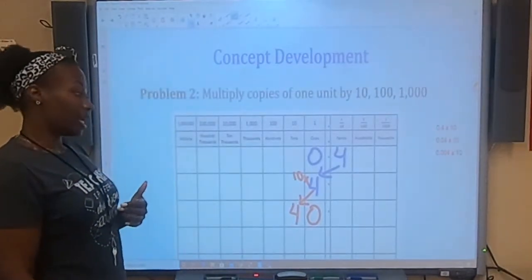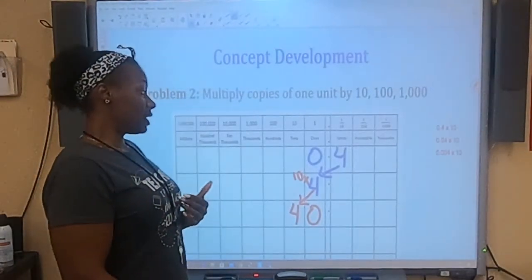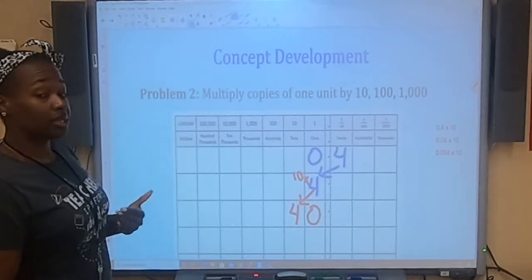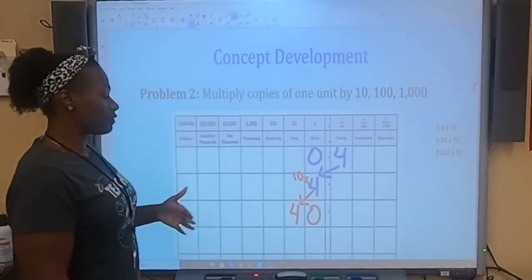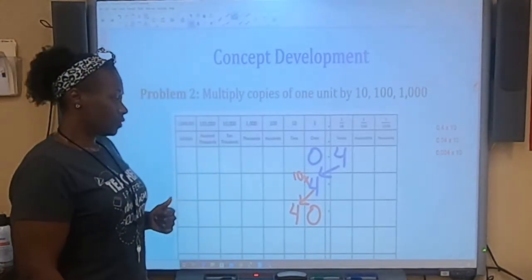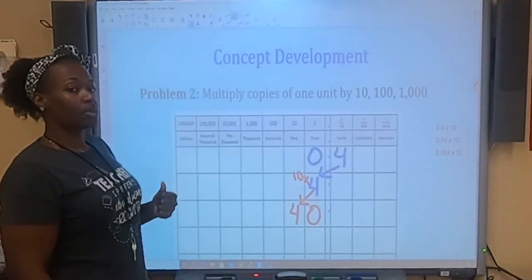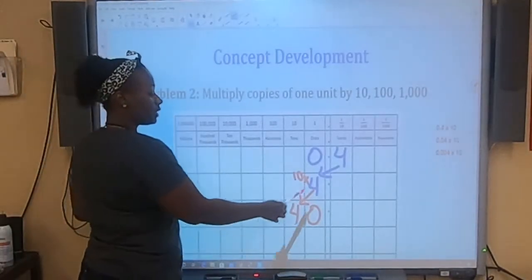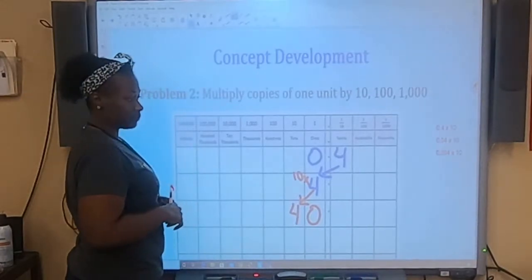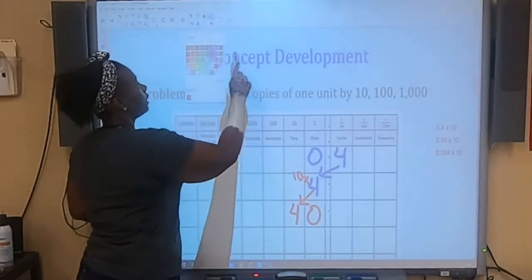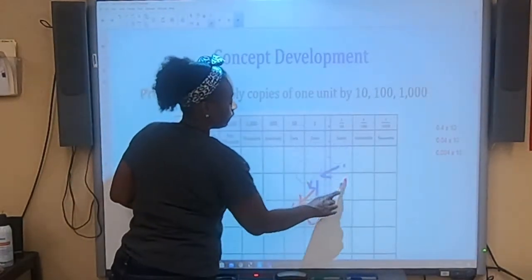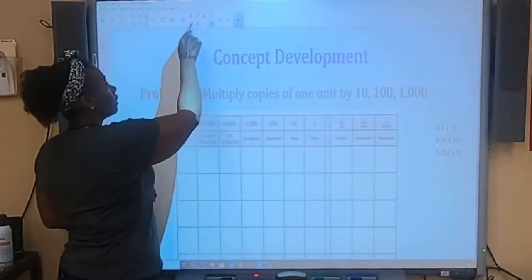So that tells me that 4 tenths, or 4 ones, times 10 gives me 40. Once again, anytime we multiply by 10, we are shifting left 1 time. Okay? Let's try 400ths.